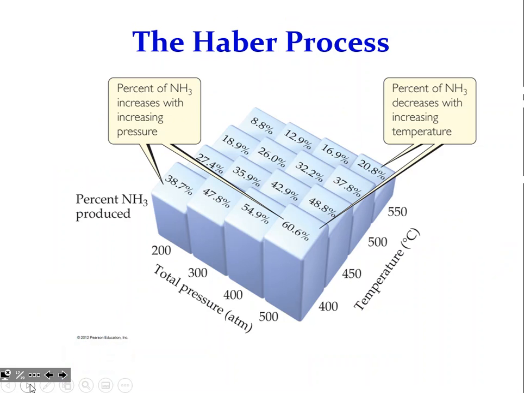So obviously this one has been tested multiple times to maximize the output of the ammonia. And it's showing here this block right here at 500 ATM, which is very high pressure, by the way, and 400 temperature, that's when they're getting the 60.6% yield. And as you can see, if they continue to increase the temperature, they end up getting less yield.